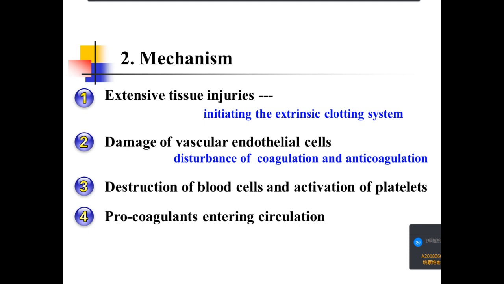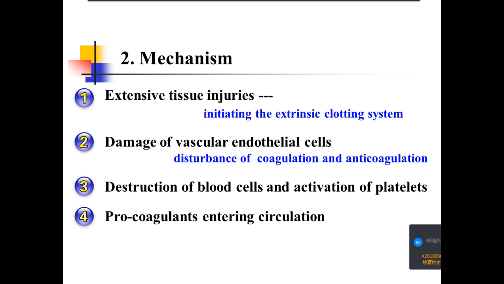The last, procoagulants entering the circulation. You might remember what can damage VEC: severe hypoxia, acidosis, antibody-antigen complexes, and infection, endotoxin.